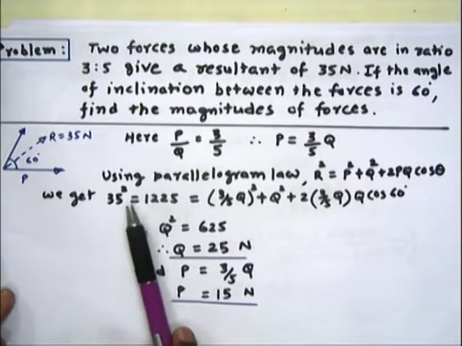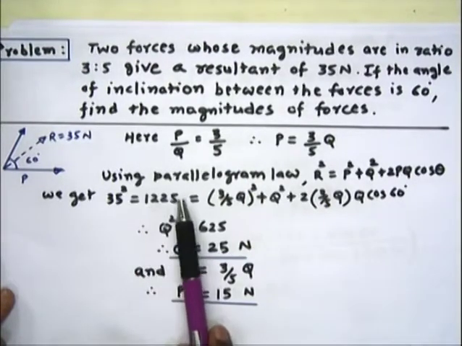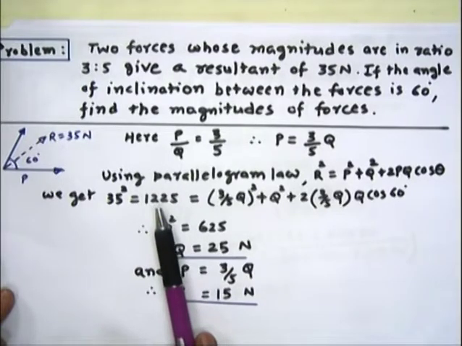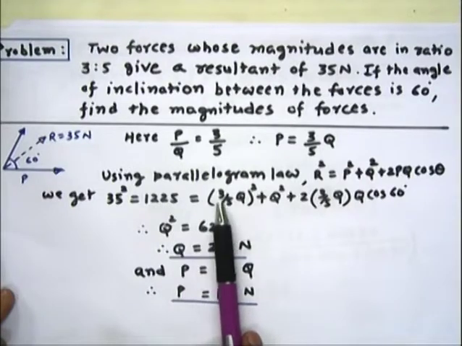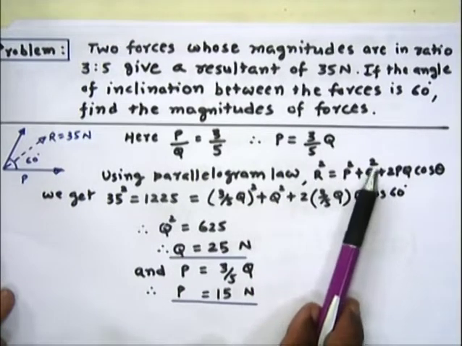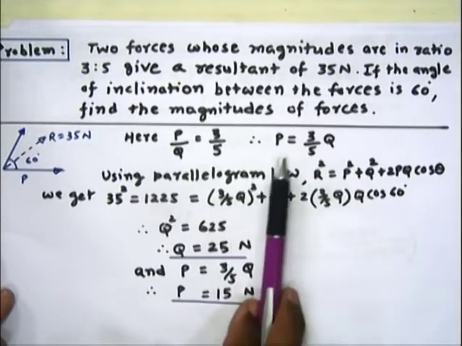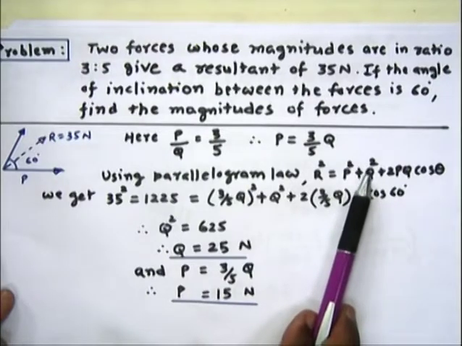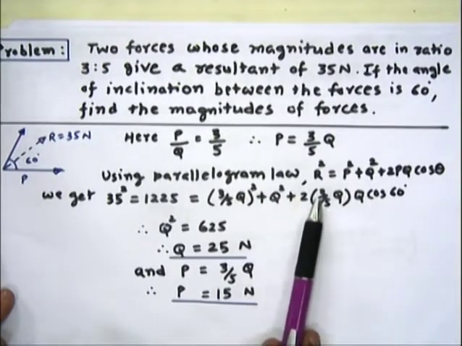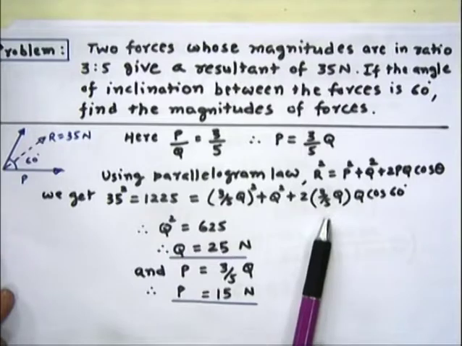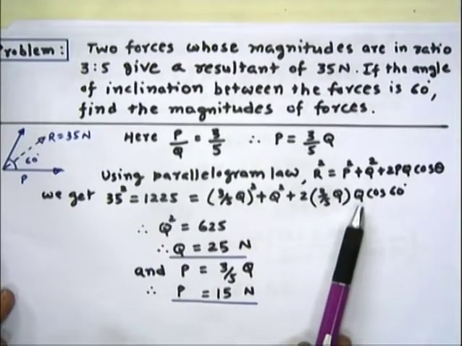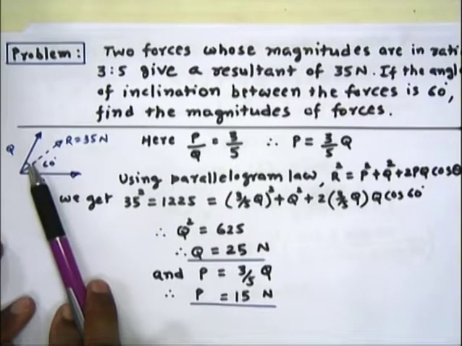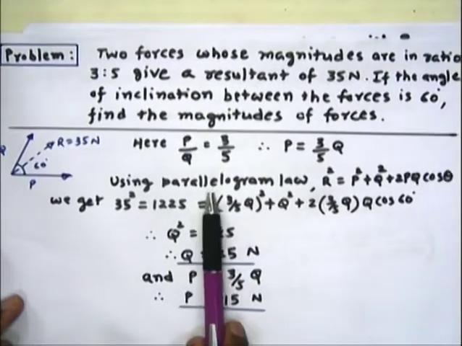So in the formula, 35 square, which is 1225, is equal to P square, that is square of 3/5 Q, plus Q square, we keep Q as it is, plus 2 into P, meaning 3/5 Q, into Q as it is, cos theta, where the angle between P and Q is given as 60.